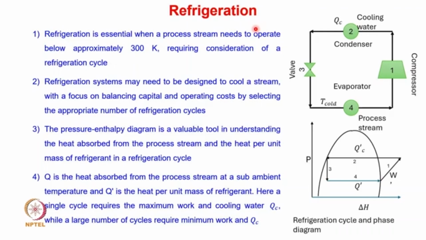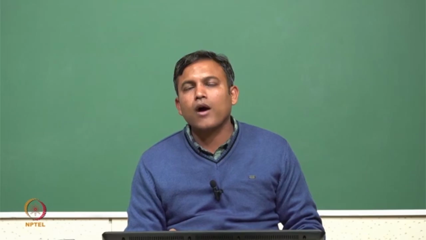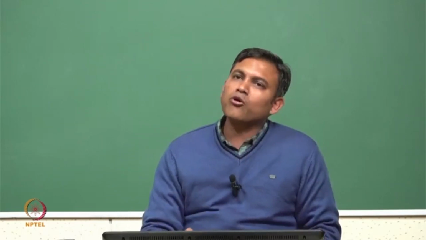Now, looking at another interesting aspect of cost calculation which is important in process applications. Very often we require some chemicals to be kept at a lower temperature. Typically in the production of ammonia, the nitrogen gas is usually kept at a lower temperature, isn't it?